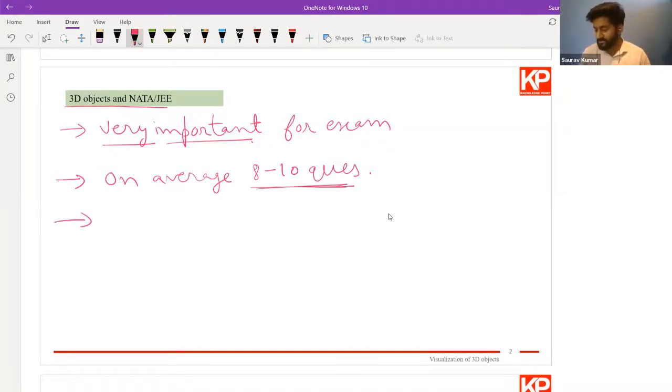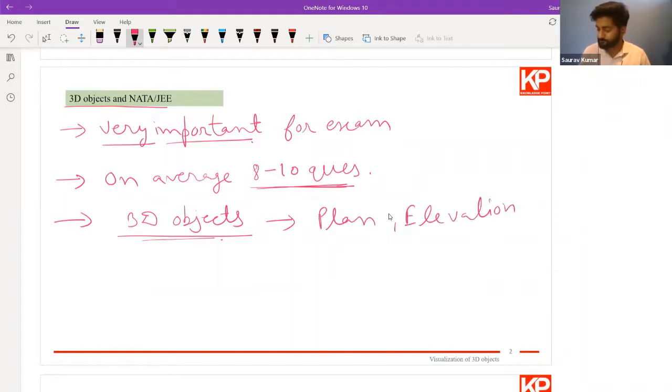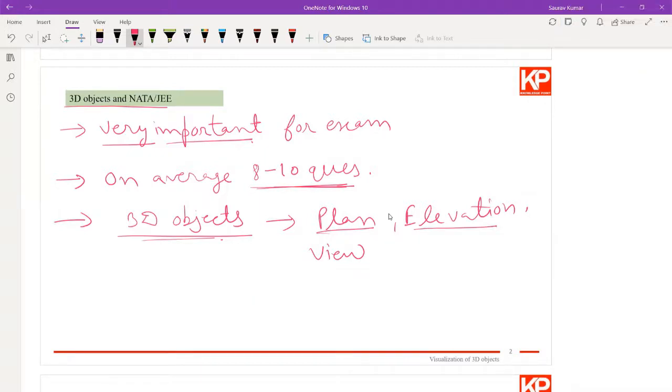Now, in these questions, the type of questions that could be asked based on 3D objects, in 3D objects, we need to understand their plan, their elevation, their view. Have you guys heard about these terms? Like what is a plan? What is an elevation? Anything? Yes, sir.